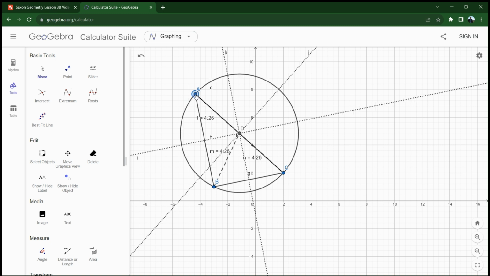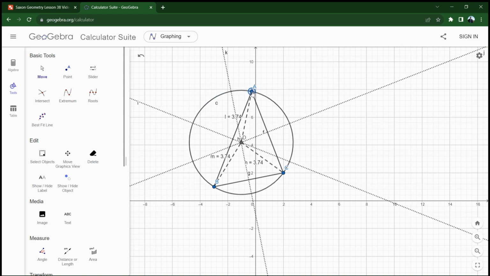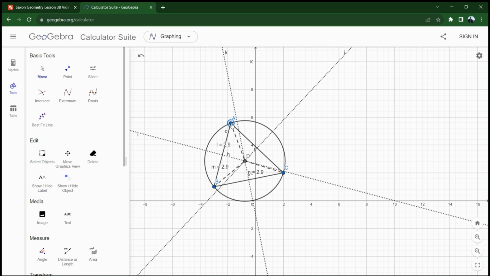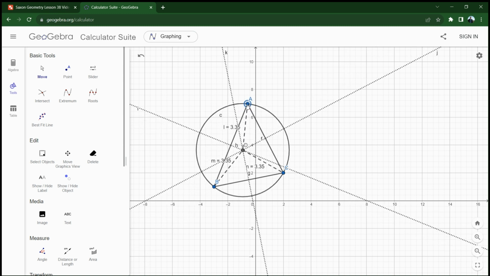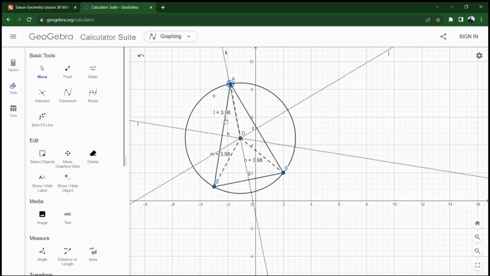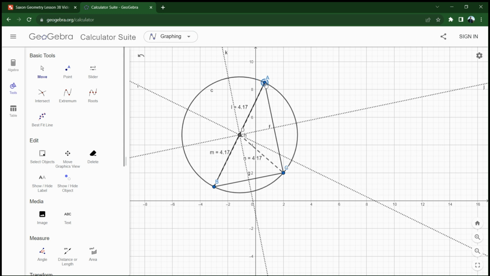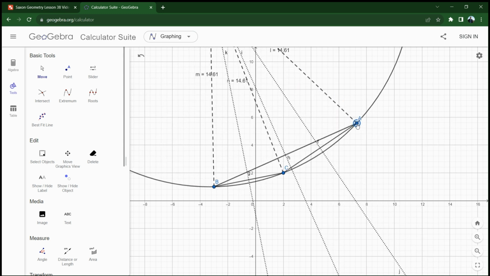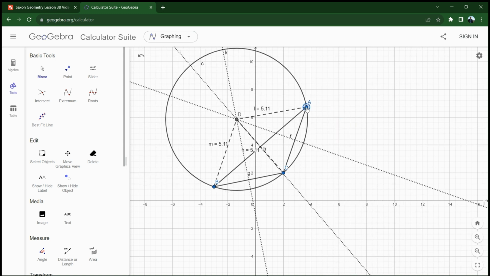And then if I make it an acute triangle, my circumcenter is inside my triangle. But a couple of things are always true for all of these. These 3 values are always the same. They're equal to each other. And I always have a circle around the outside of my triangle.